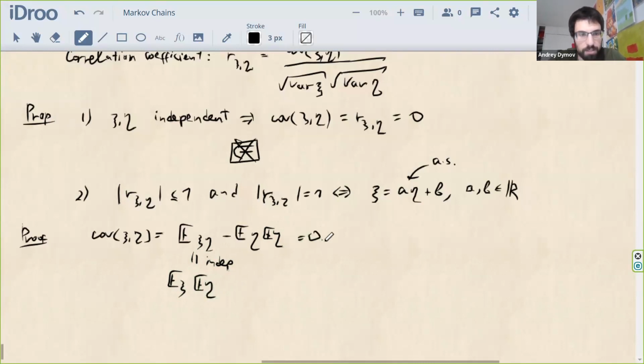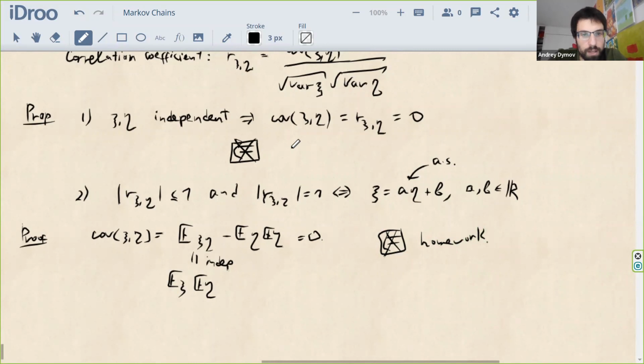And then the covariance is 0. So the proof is trivial. The fact that there exist random variables such that the covariance is 0 but they are not independent, I will leave as an exercise, as your homework. So I suggest you find an example for which this holds.